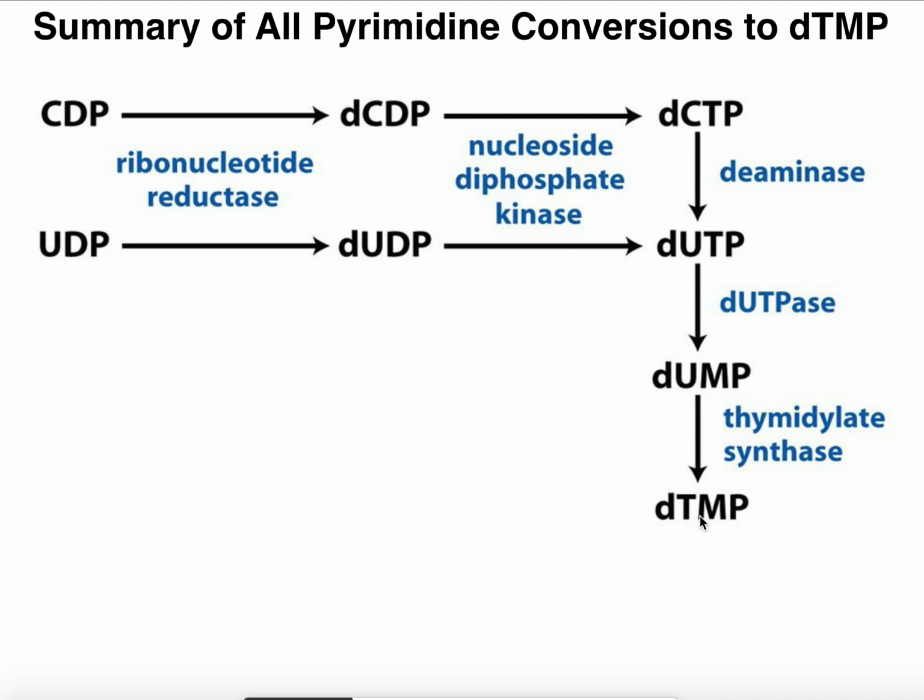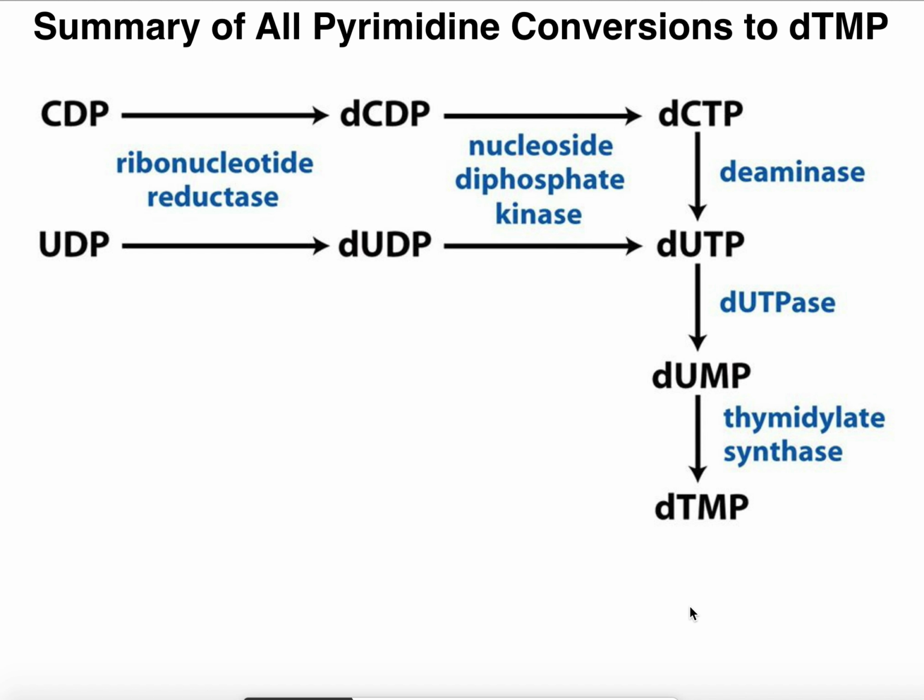It's deoxy-TMP. All right. Now, obviously, if you want to do anything with that dTMP, you got to get it back up to dTTP, because if we're going to use it to synthesize DNA, you have to have the triphosphate form. And so, obviously, this dTMP is going to have to be first converted, most likely to dTDP, and then it'll react with a nucleoside diphosphate kinase to give dTTP.